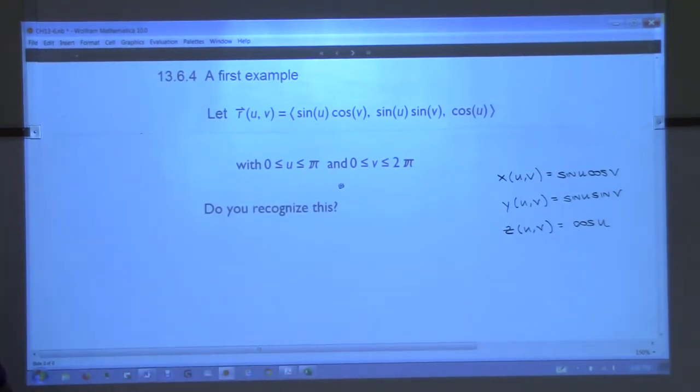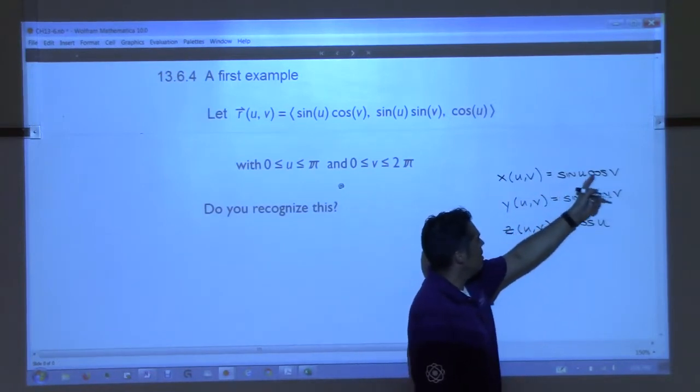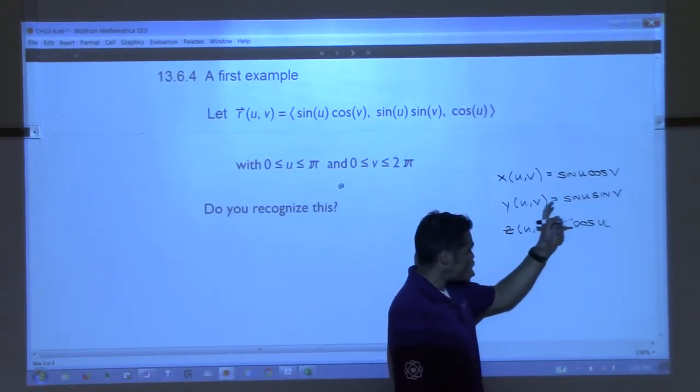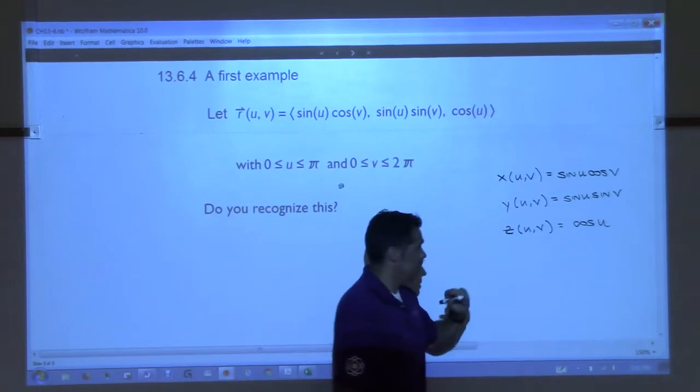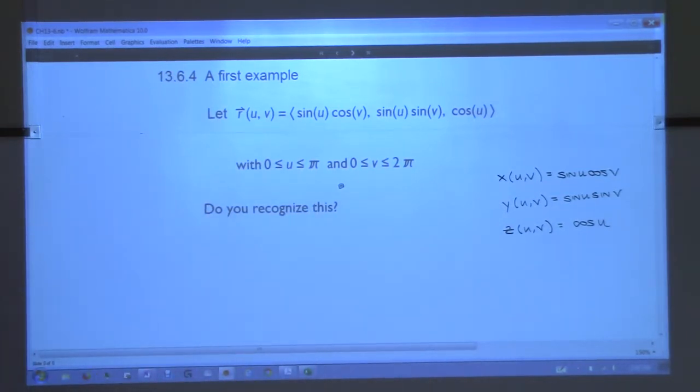And I'm asking, do you recognize this at all? Do you recognize x being sine of u cosine v, y being sine of u sine v, and z being cosine of u? Isn't that the sphere? Yes, that's spherical coordinates, right? That's what we did when we wanted to go into spherical coordinates.